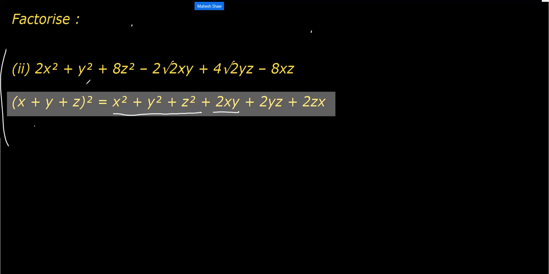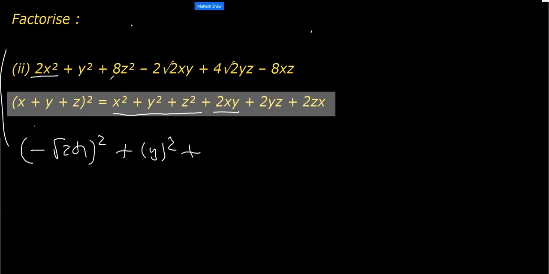First, I'm going to write this as minus root 2x whole square. It is important to remember why I am writing this as minus: we identified that the x term is negative. Then the square of the second term, which is y only, so it should be y whole square.